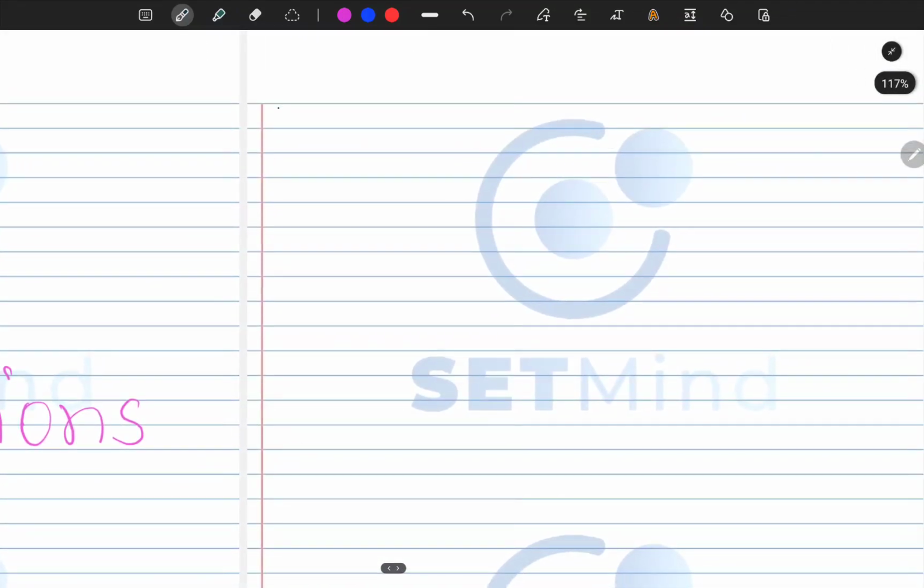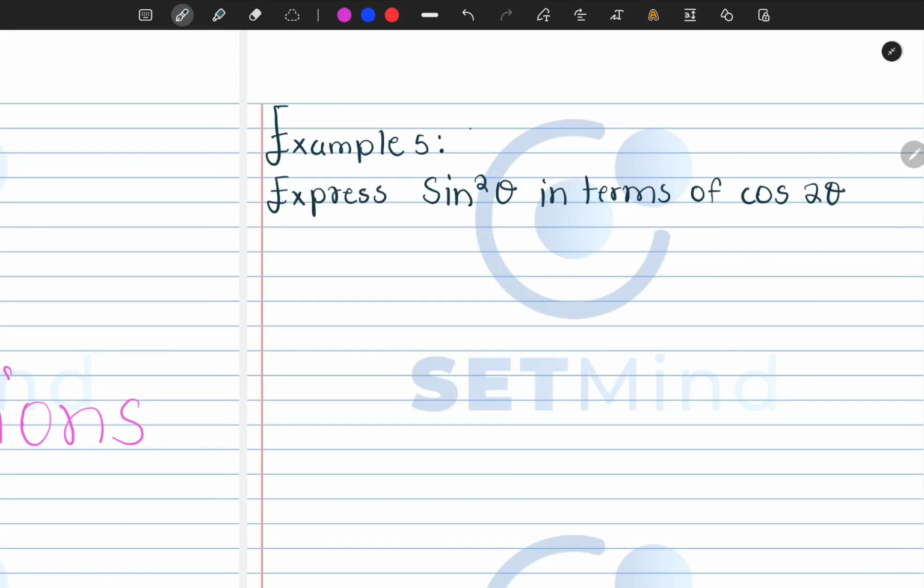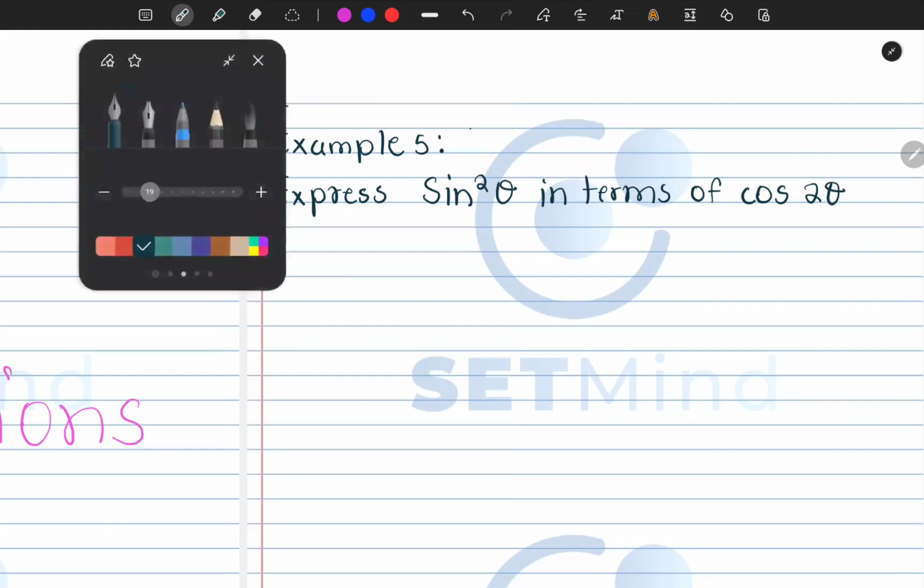So we'll start with the first question, which will carry on from the last example. This will be example number 5. What we want to do is express sine squared theta in terms of cos 2 theta. So what does this question mean?